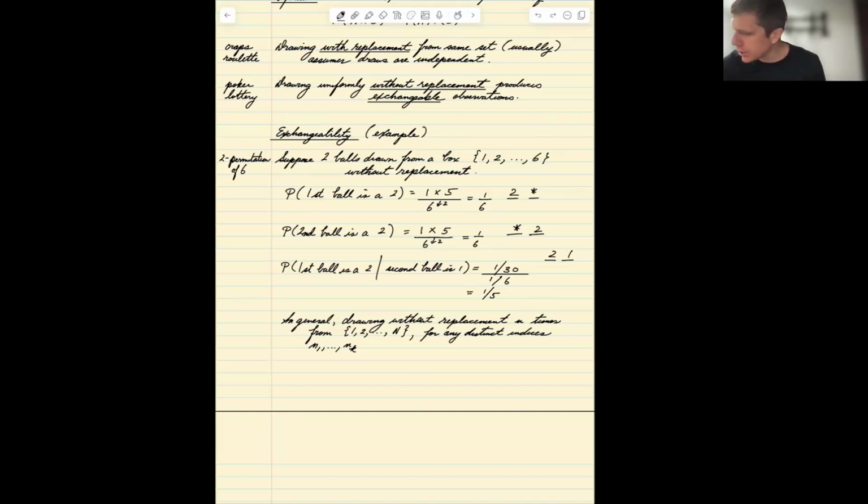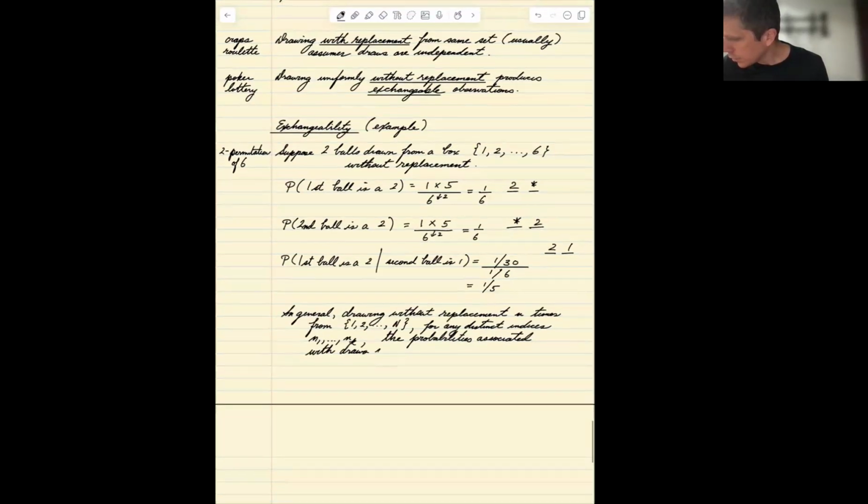The probabilities associated with draws n1 through nk are the same as the probabilities associated with the first k draws.